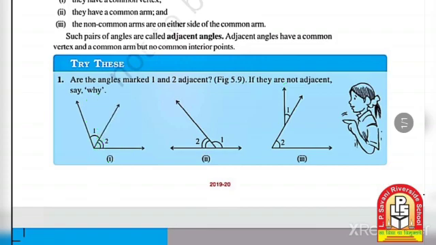So these are adjacent angles. This also has one common vertex and one common arm, two sides are free and no other points are common. So you can say that this is adjacent. In this one it is not possible because angles 1 and 2 have no common vertex.